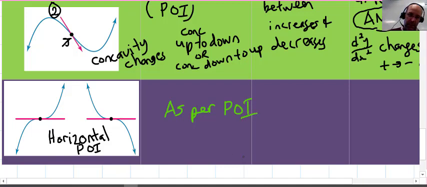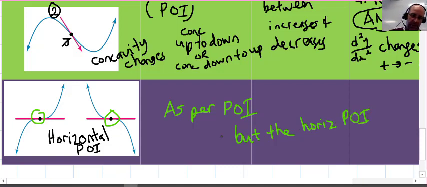All those qualities are as per the point of inflection, but the horizontal point of inflection itself, this point here or this point there, notice how there are two cases, but the horizontal point of inflection itself, this place here, is a stationary point. It's got a gradient of 0 at that case there.